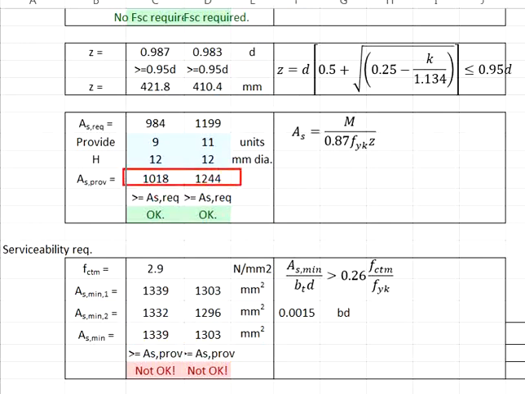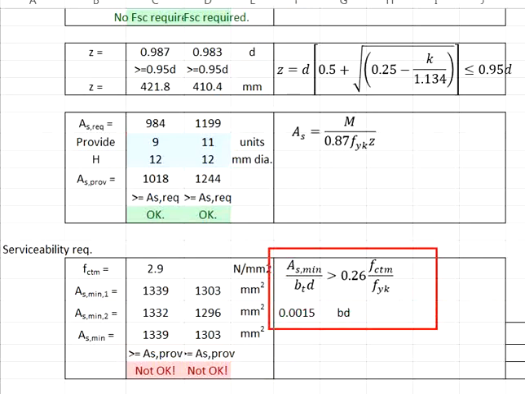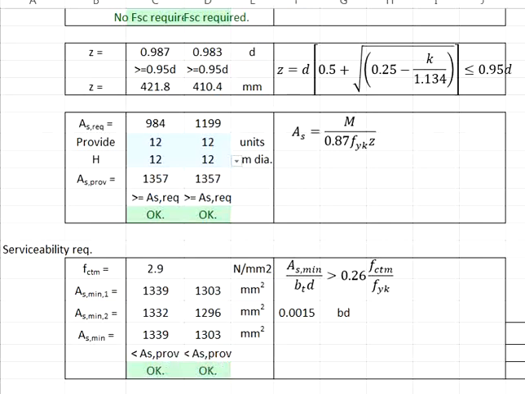Now, your AS provided here is less than the AS min. Therefore, you will need to increase the amount of reinforcement bar so that it passes the AS min. AS min is a measure to control the crack within RC members.